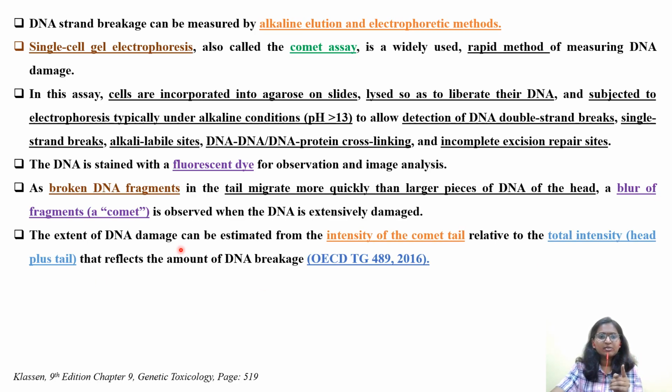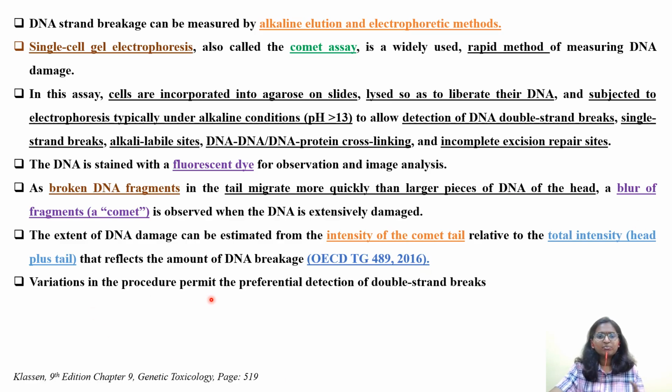The extent of DNA damage can be estimated from the intensity of the comet tail relative to the total intensity, head plus tail, which reflects the amount of DNA breakage. As we said in the first slide, we have to read the OECD 489 guideline in detail.